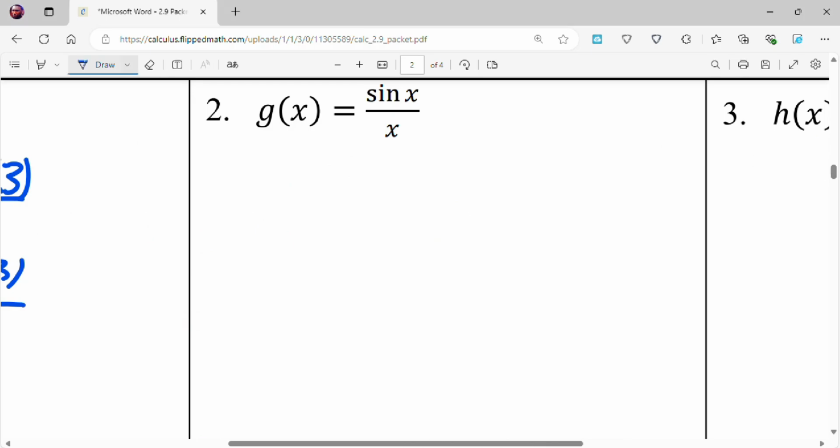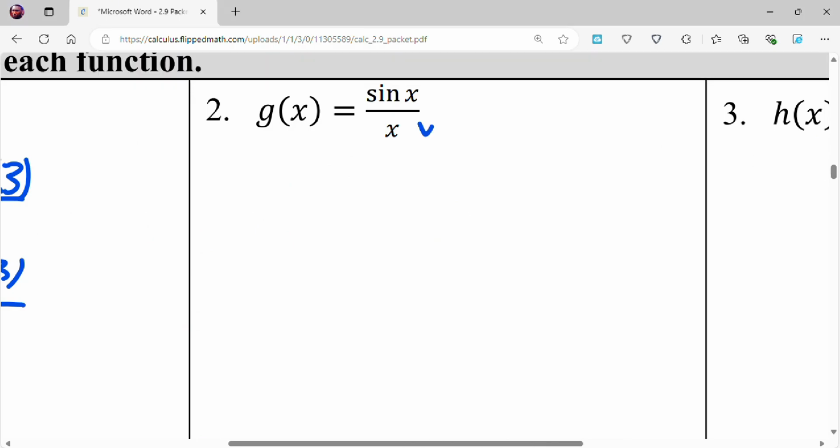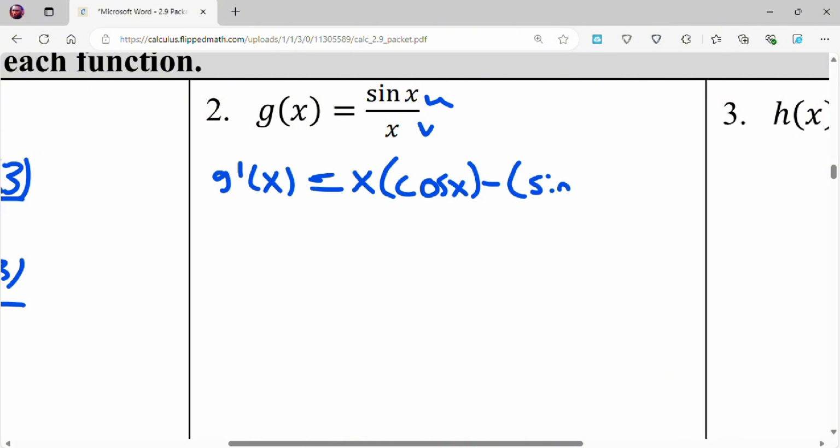So again, identify our v and our u. Okay, g prime of x equals v u prime. The derivative of sine is cosine. Minus u, so minus sine, times the derivative of v.